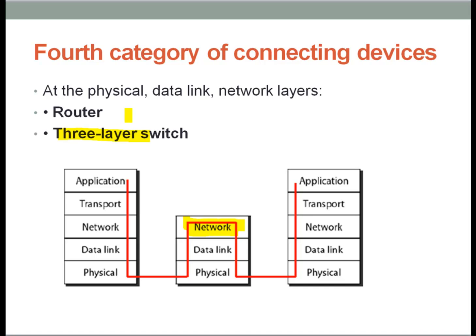The router is working in layer 3, and the layer 3 switch is also working in layer 3. So in layer 1, hubs and repeaters. In layer 2, switches and bridges. In layer 3, we have routers and layer 3 switches. These are the concepts available up to this.